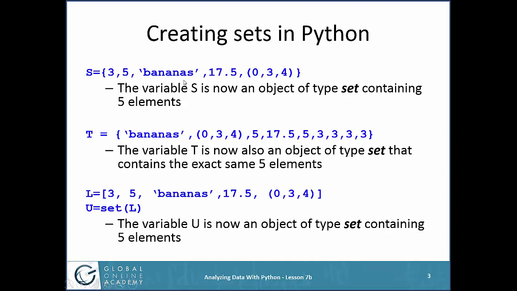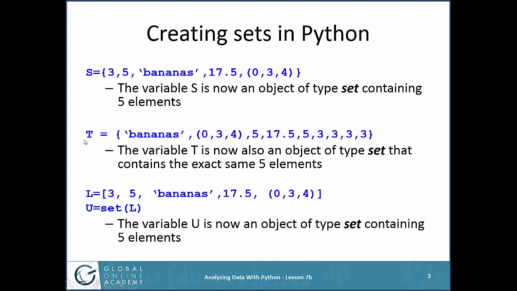Python knows if I've just got values, not keys and values, make it a set, not a dictionary. So at the end of this statement, the variable s now is an object of type set containing 5 elements. One of the elements is the int 3, one is the int 5, one is the string bananas, one is the float 17.5, and one is the tuple that contains 3 values 0, 3, and 4.